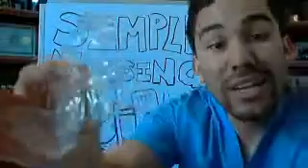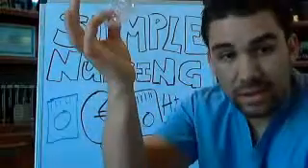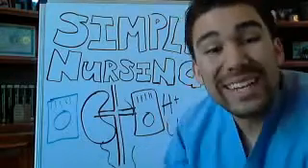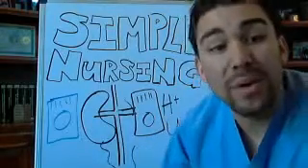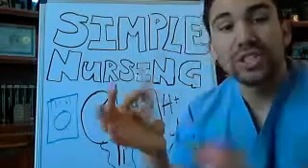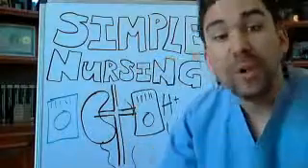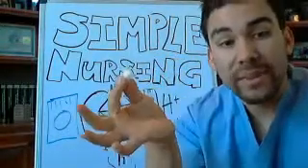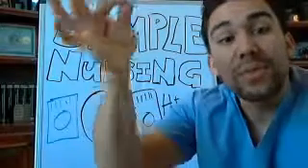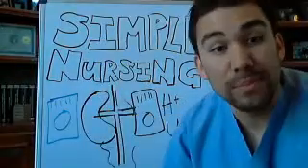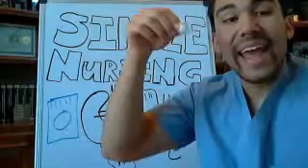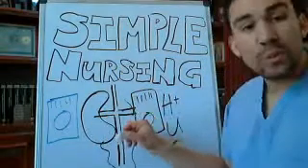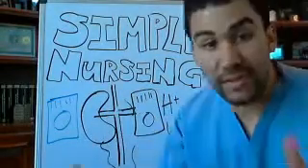Now the ammonia goes up to the liver, and your liver breaks down that ammonia in the form of urea. This urea is sent back out through the exit portal of the liver and down into your renals to be filtered out.